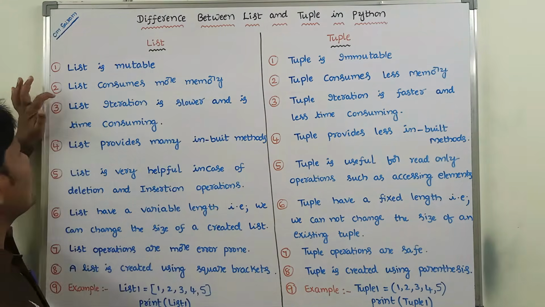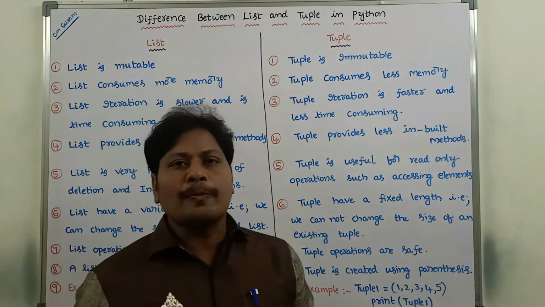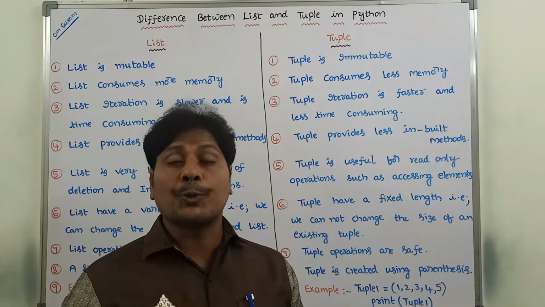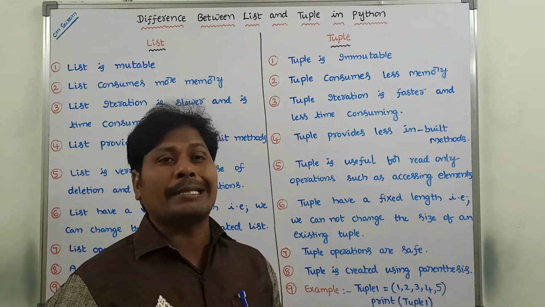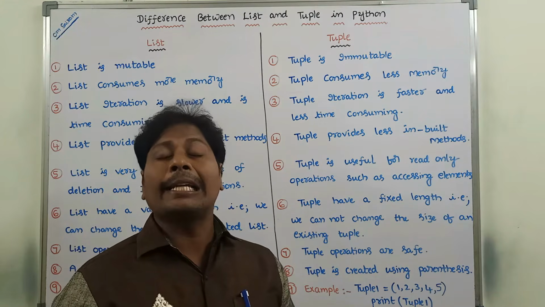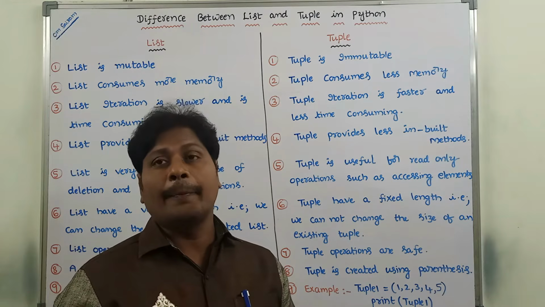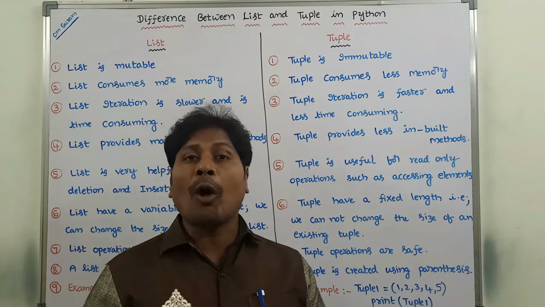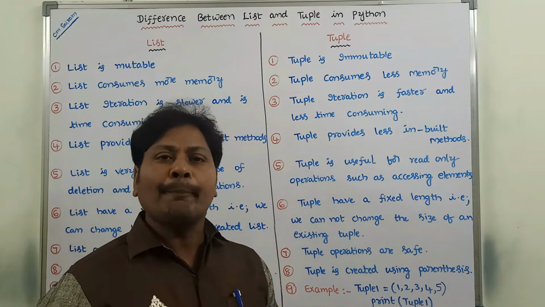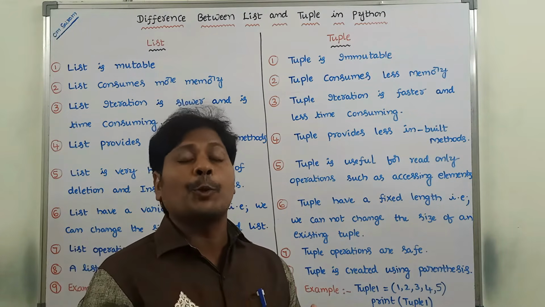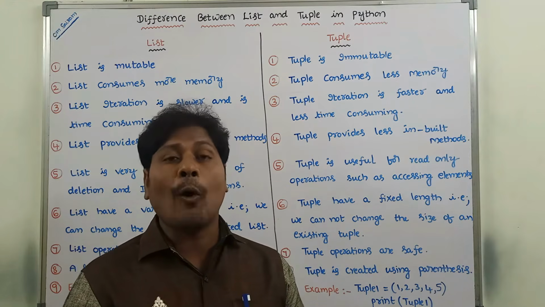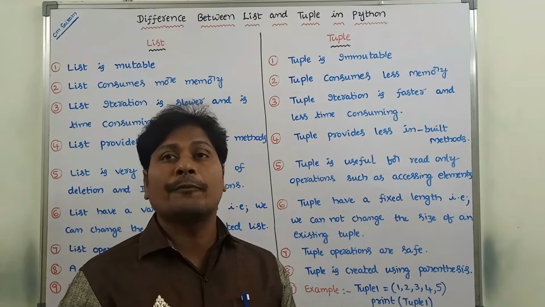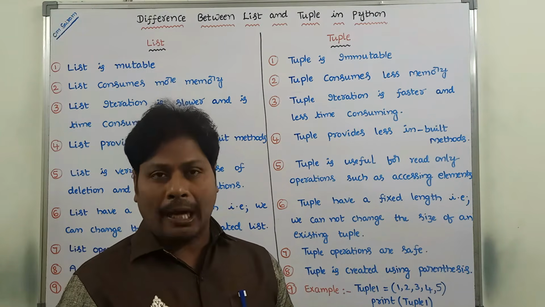Next point is list consumes more memory. Suppose we want to store some data objects in a list, it takes more memory because a list uses 2 blocks of memory. One block is used for storing the Python data object information and another block is used for storing the data.